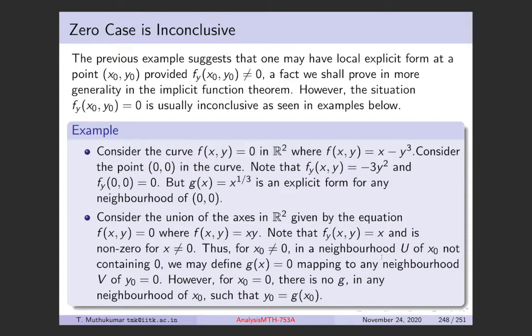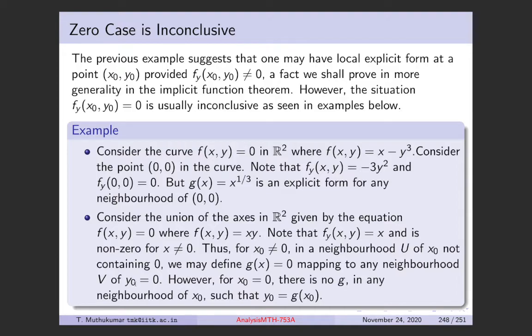So in any neighborhood of x naught which does not contain 0, so don't go up to 0, if you fall short of 0, then this is an explicit form. Locally this function will express the equation xy equal to 0, because y is anyway 0, so g(x) equal to 0 will do the mapping.